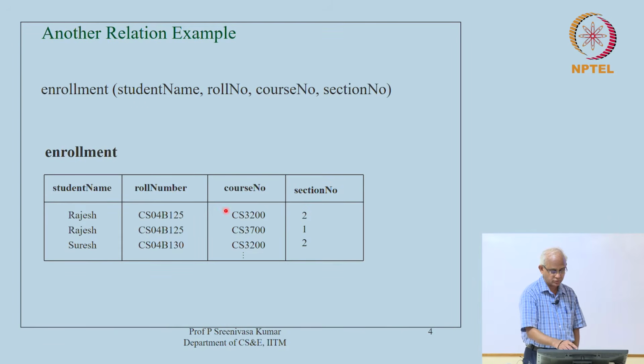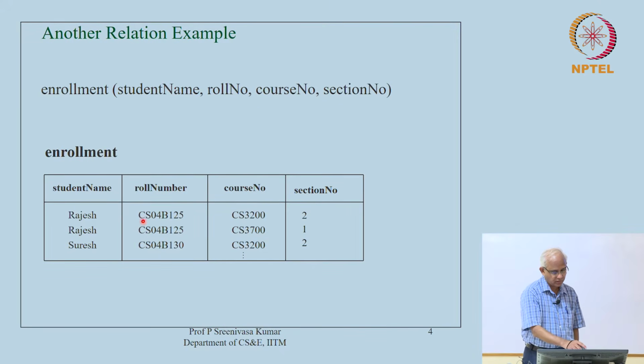Let us assume that courses have sections, so course number and section number together is what a student has to enroll or register for. In this case, Rajesh is registered for these two courses, whereas Suresh is registered for this course.